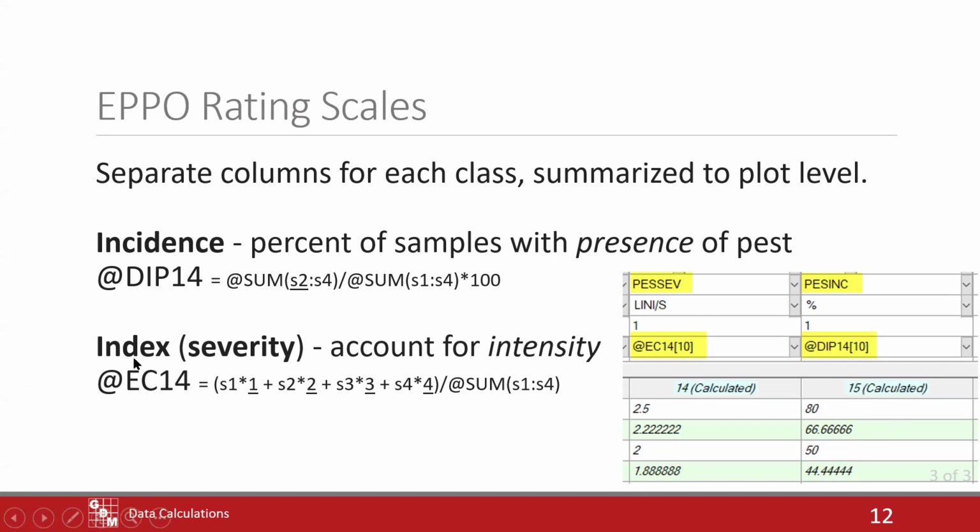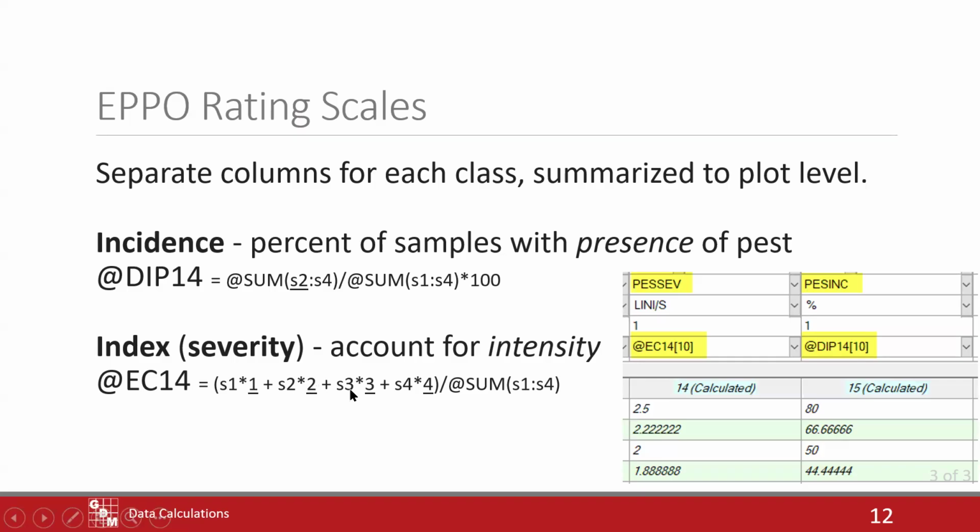The other calculation we can do is to calculate the index, or really the severity of the infestation. And really the idea here is to not just count up how many subsamples had some sort of pest. Let's factor in the severity, the intensity of the infestation as well. So the calculation here is we're really creating a weighted calculation. So you multiply however many were ranked as 2, multiply that by 2.